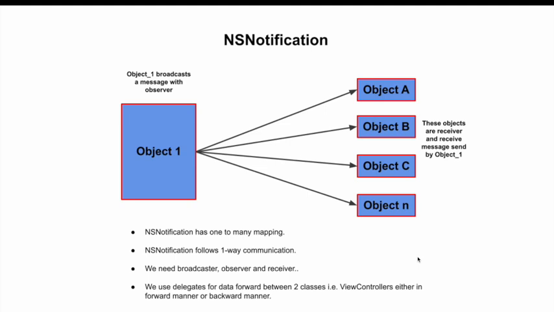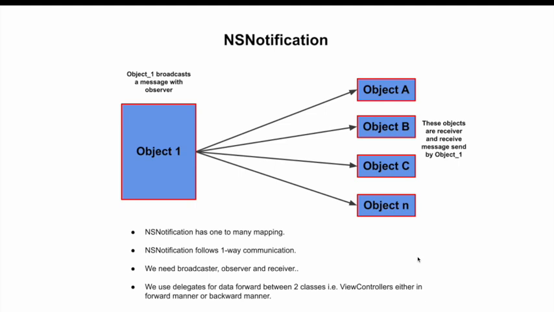We need a broadcaster, an observer, and a receiver, as you can see in the picture. Why an observer? Because the receiver will observe the message on the basis of the observer, and it will do its work.